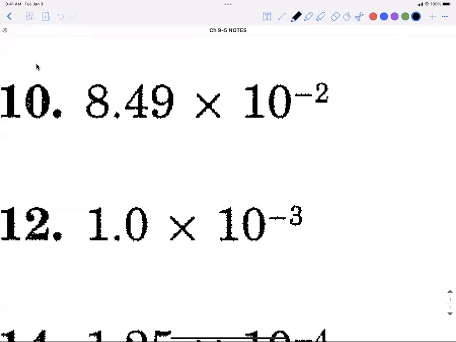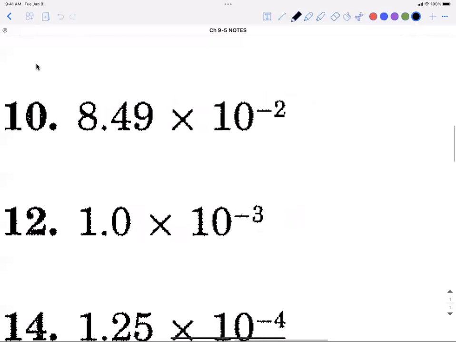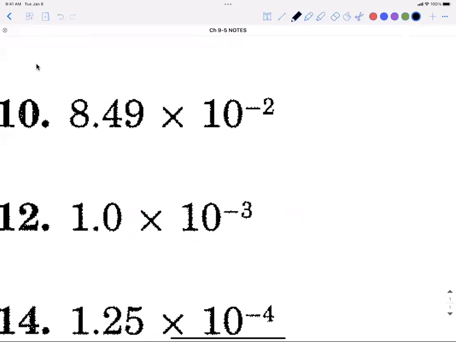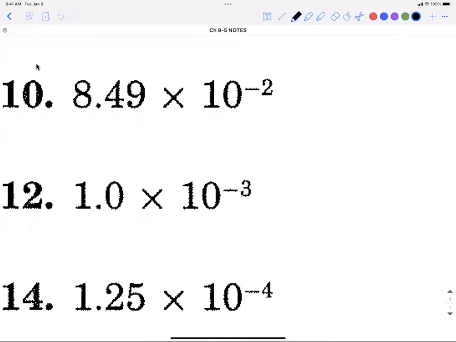Think about if I were to bring just a pie in here and I were to say, let's cut this in 100 slices. Can you imagine how itty bitty each slice would be, right? It's a fraction. So a negative exponent makes you have a teeny tiny number because negative exponents are teeny tiny fractions. So if you need to write yourself a reminder, negative exponents equal tiny numbers.